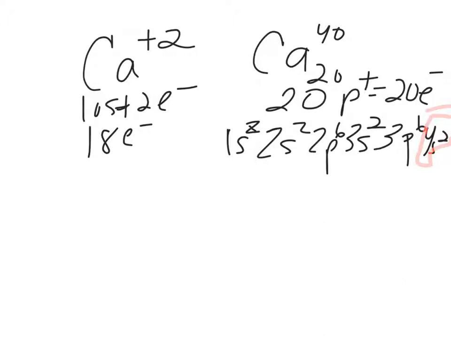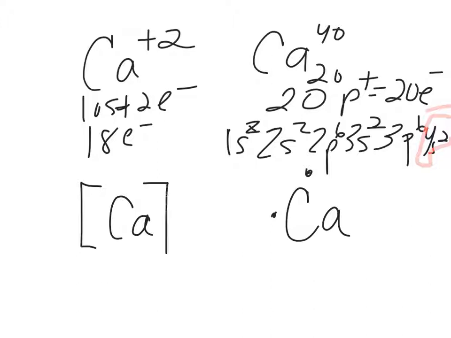So if I write my Lewis dot symbol for calcium showing its 2 valence electrons, 1, 2, when I write the Lewis dot symbol for the calcium +2 ion, and those 2 4s electrons are gone, then there is nothing to show in terms of electrons around that calcium.